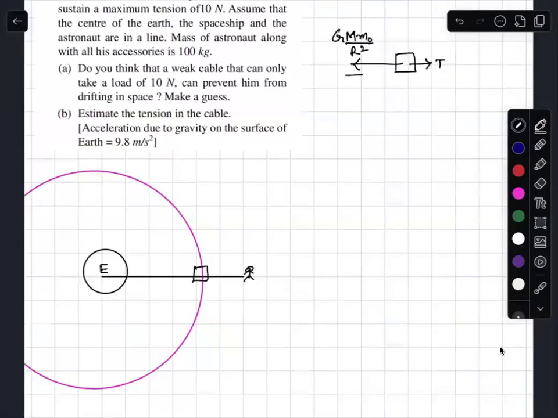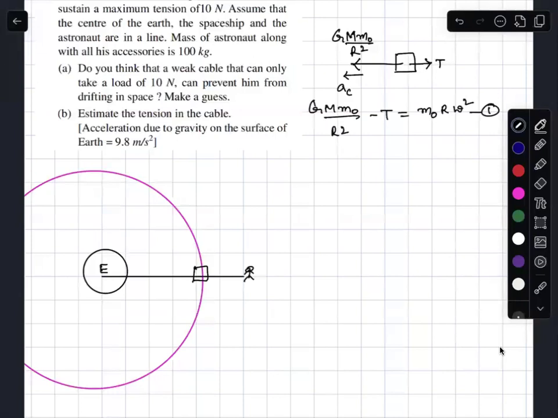But still it is experiencing a centripetal acceleration AC. So therefore, G capital M naught by R square minus T is M naught R omega square. Equation 1. Any doubt till this point?